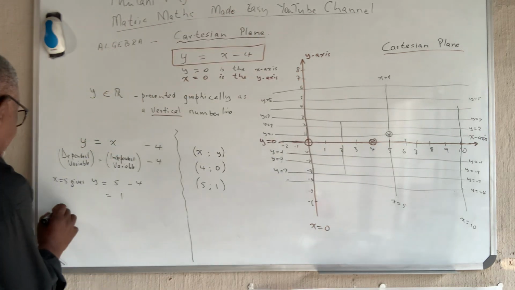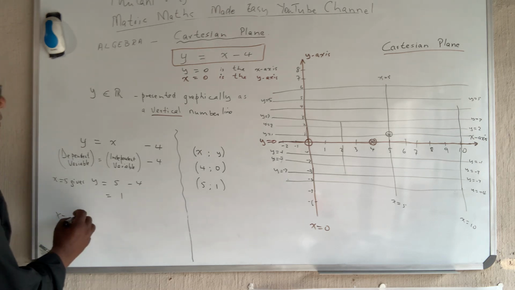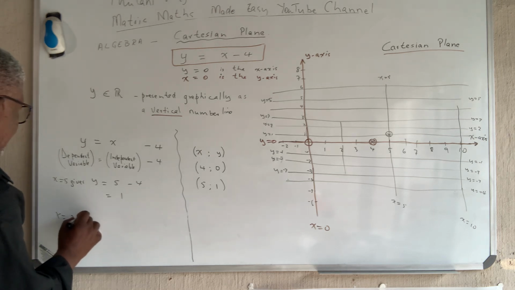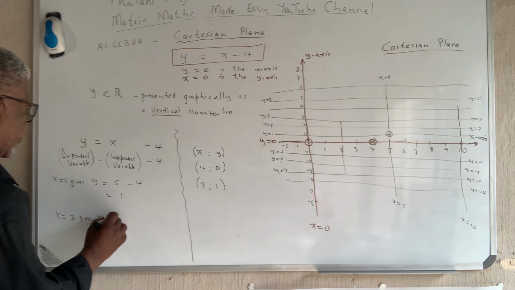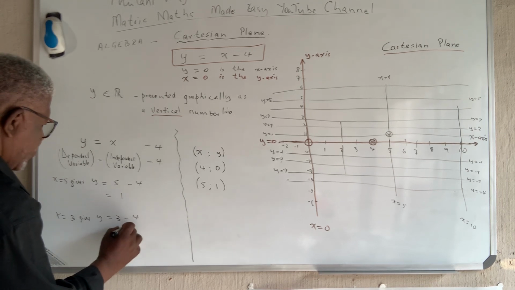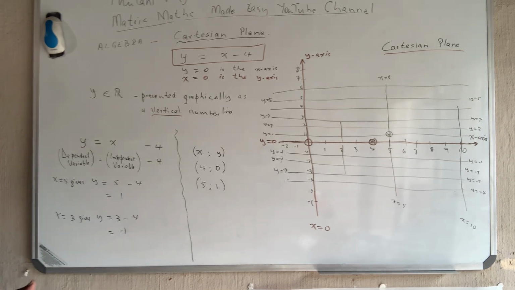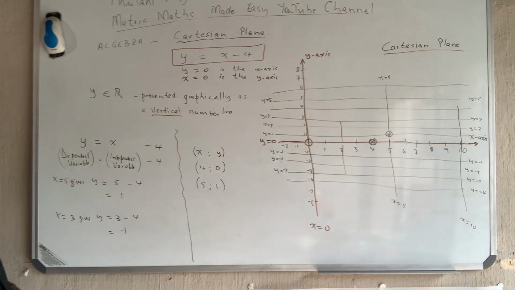So when x equals 3, that gives y equals 3 minus 4, where the difference is 1, but now it's negative because we have to take the value of the bigger number to a constant.